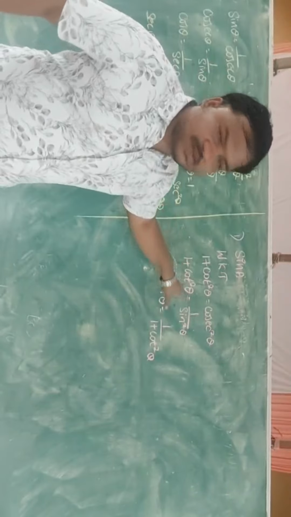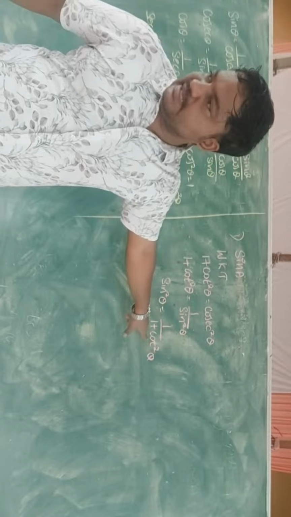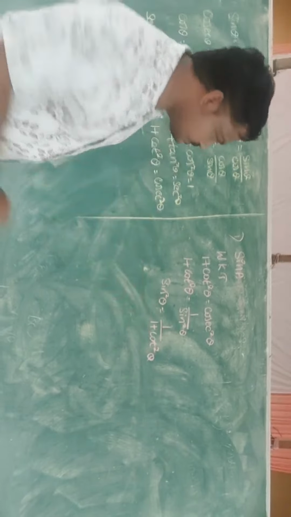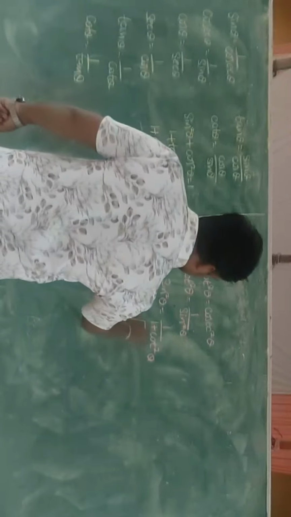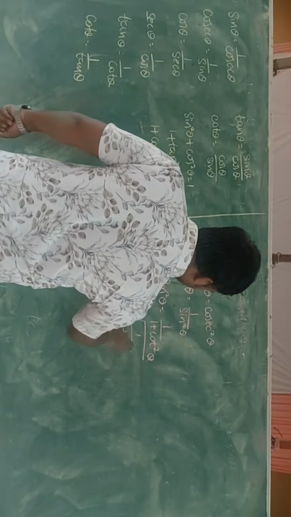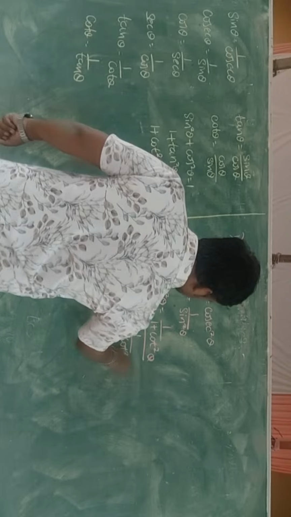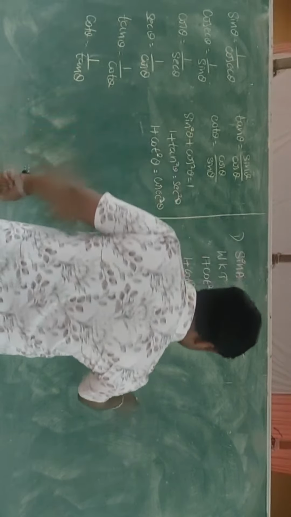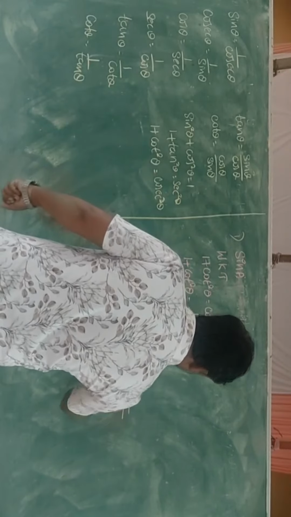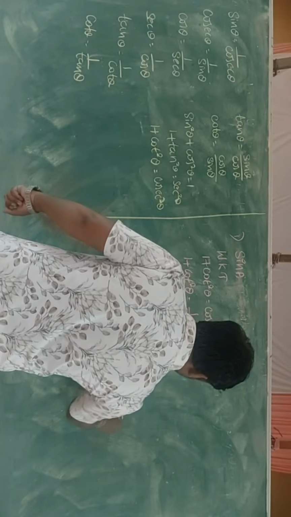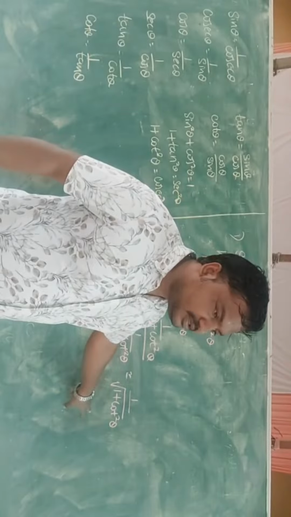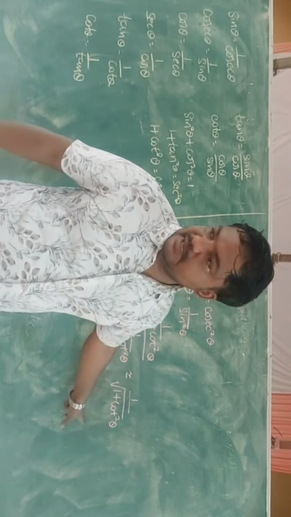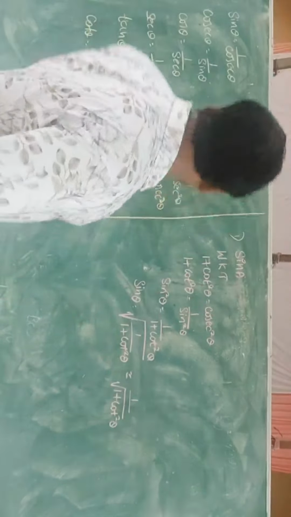I took sine square to the left hand side, and 1 plus cot square transferred to the right hand side. Now sine theta is equal to under root 1 upon 1 plus cot square theta, or you can write this as 1 upon under root 1 plus cot square theta. So this is sine theta in the form of cot.